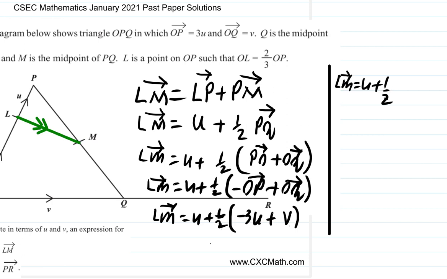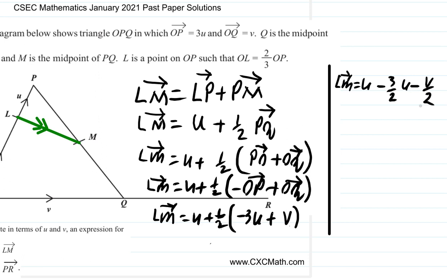But you could have this bracket open. Half of negative 3U is negative 3 over 2U. And then you minus V over 2.